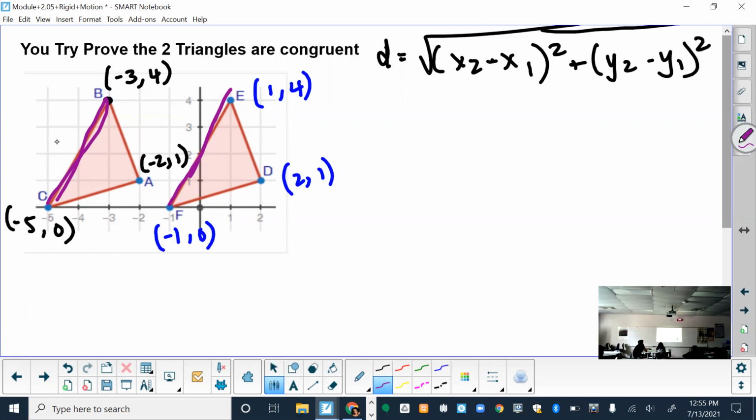All right, what does side BC equal? 4.47 is correct. So if you rounded it, it should have been about 4.47.